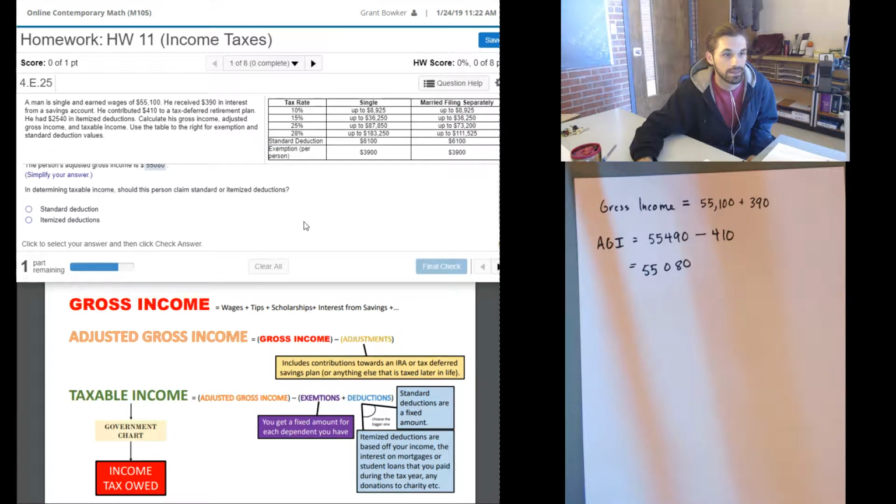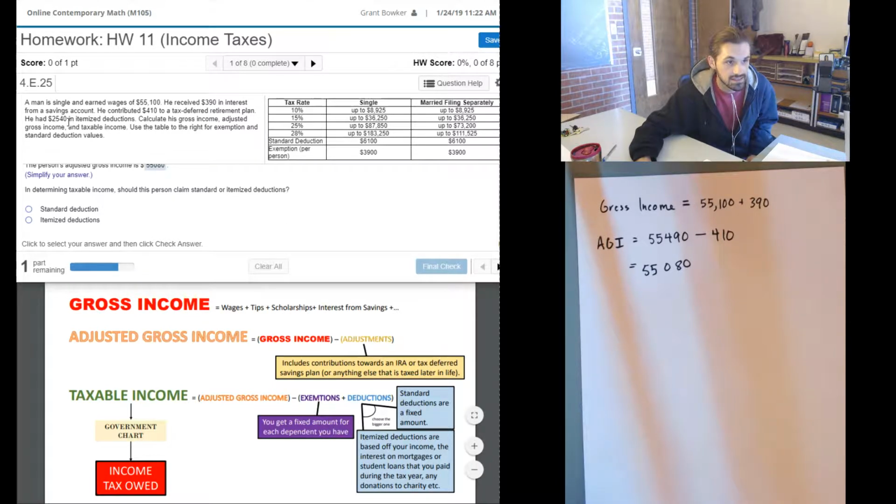In determining taxable income, should the person claim the standard or itemized deduction? You get to choose if you want the itemized deduction or the standard deduction, and you want to choose the bigger one. If you look at these notes here, standard deductions are a fixed amount. Itemized deductions are really based off your lifestyle.